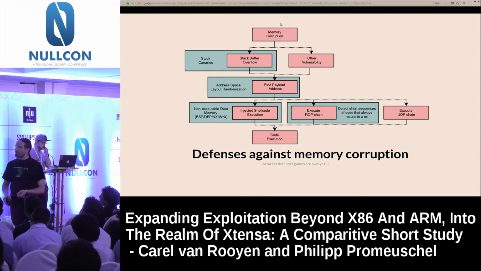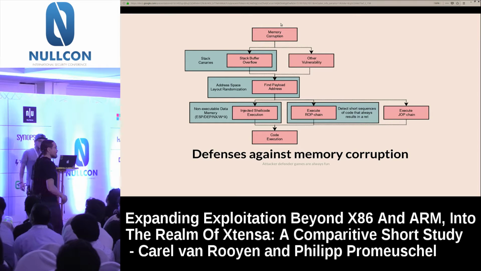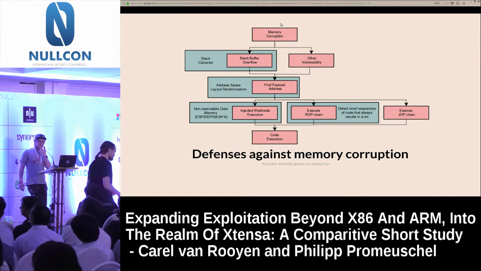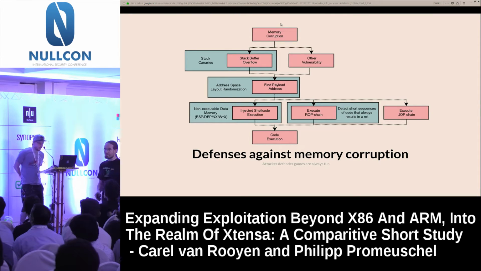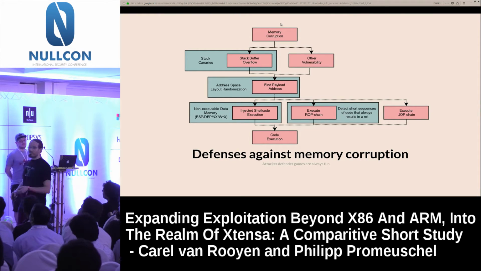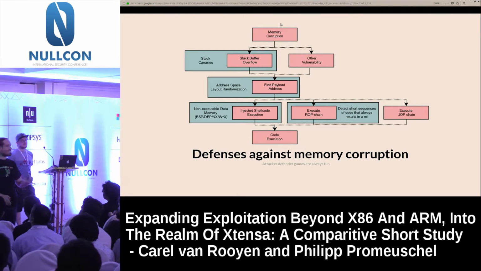But then attackers decide, okay, if we can't write to memory and execute memory at the same time, what we can try to do is use code that exists in the system. So existing pieces of assembly code that is precompiled into something like a boot ROM.